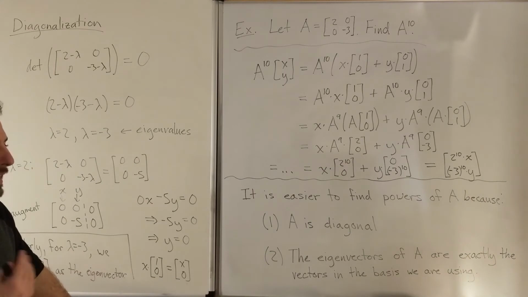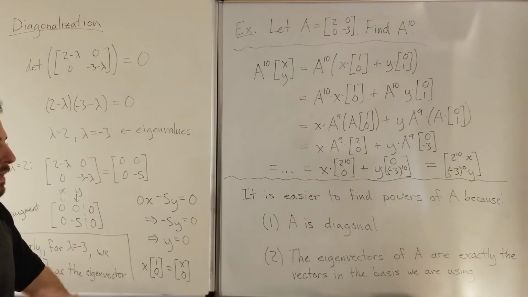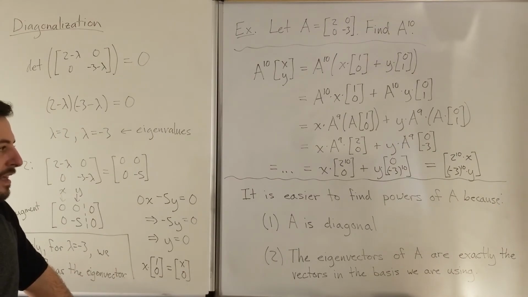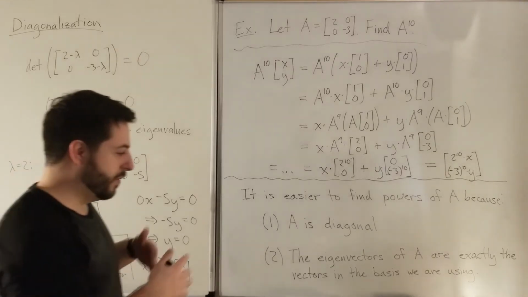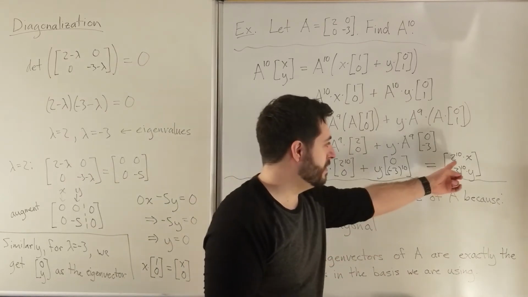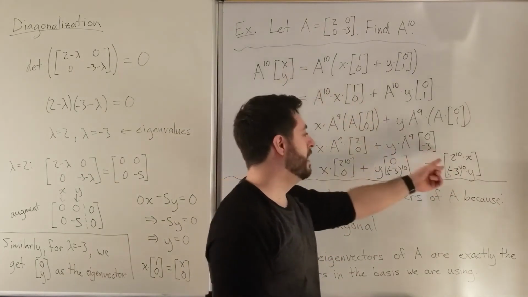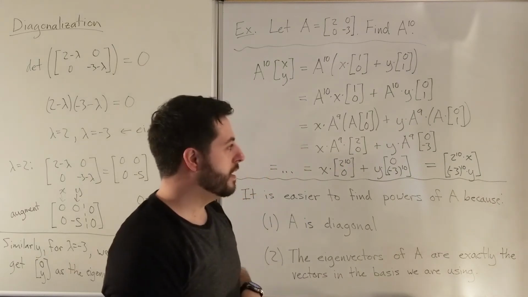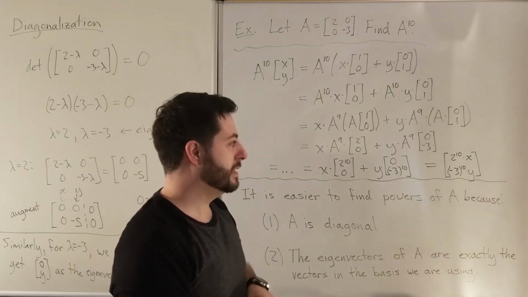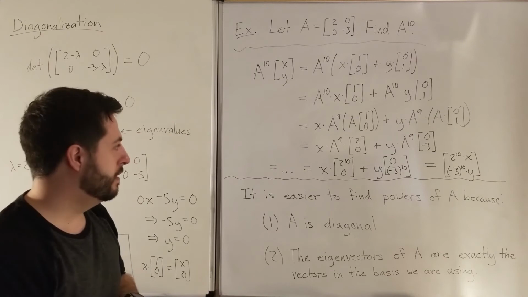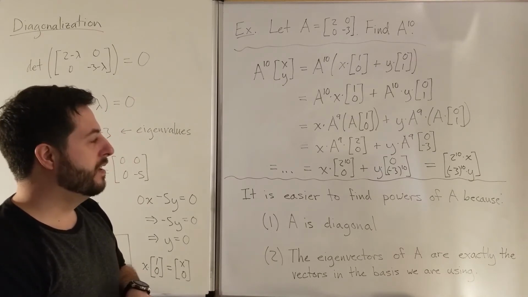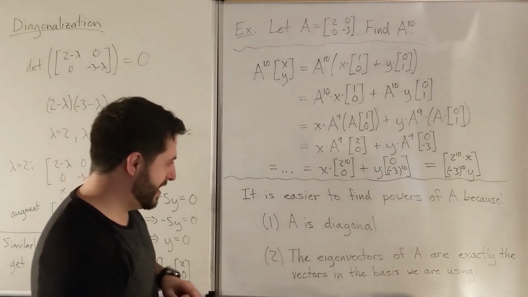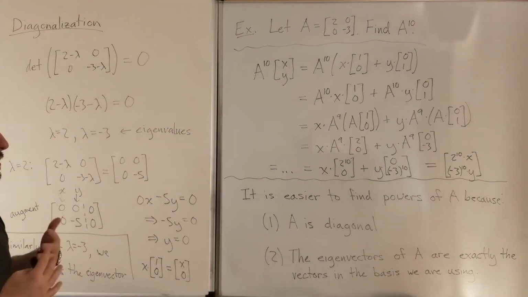And if we find a linear transformation in matrix format that does exactly that to an arbitrary vector, then we've found A to the 10th. And the matrix that I had written down before is exactly the only matrix that will do this. It's the only matrix that takes an arbitrary x and y and always multiplies the first coordinate by 2 to the 10th and always multiplies the second coordinate by negative 3 to the 10th. So that's exactly raising the diagonal entries to the power 10.